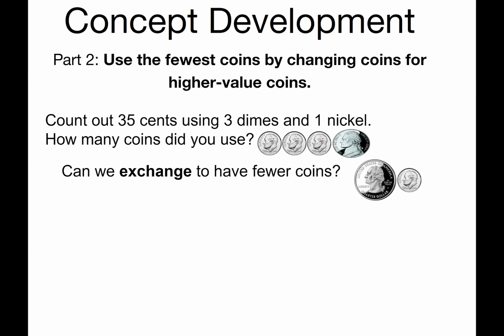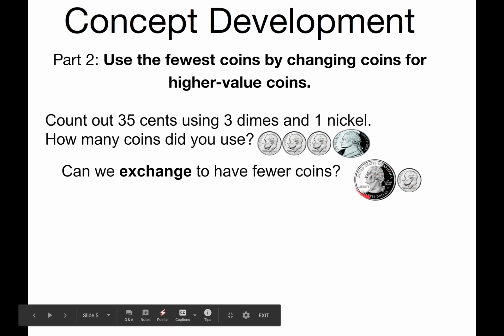Oh, look, we can use a quarter, which equals 25 cents. But that's not quite 35 cents, right? That's our goal, to get to 35 cents. So how much more than 25 makes 35? 10 cents more, right? So that's a dime. So we know that a quarter and a dime equals 35 cents.